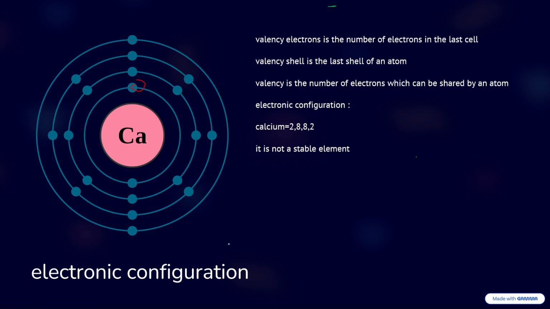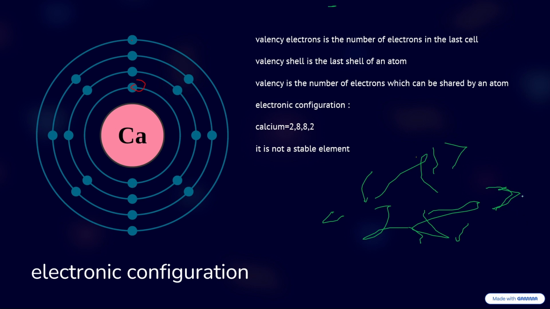Now see, there is negative charge. Let's take the example of chlorine. Its atomic number is 17 and its electronic configuration is 2, 8, 7. Now in its valence shell there are 7 electrons.